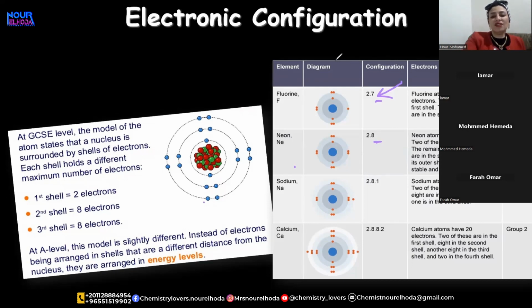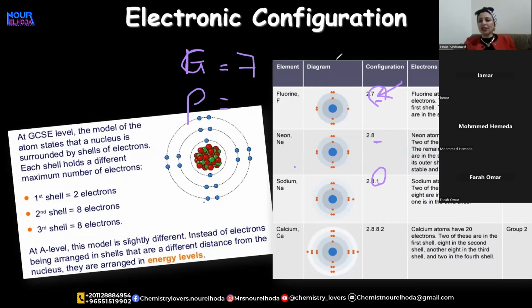If the element has, let's say, 1 electron in the outer shell, this means I'm in group 1. Which period is it? Now I know the group number from the outer shell, which is group 7 as an example. To know which period it is, I have here 2, 7. This means I have 2 energy shells, so I'm in period 2.